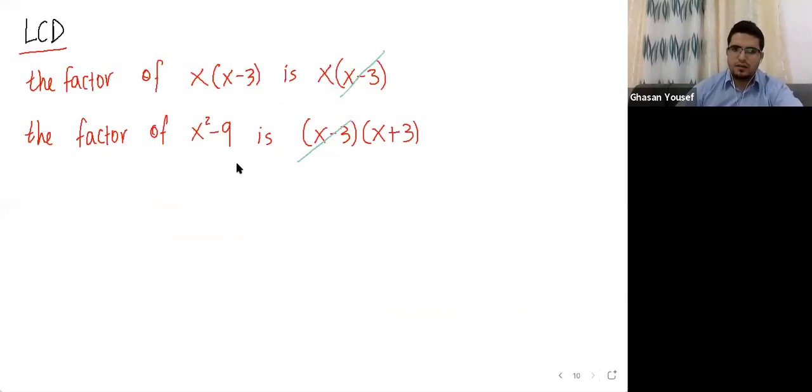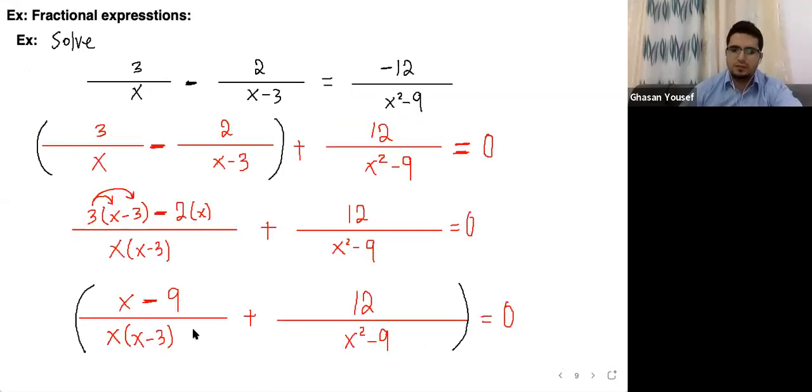The remaining factor is x plus 3. So multiply this by x plus 3, and here the same thing, x plus 3.